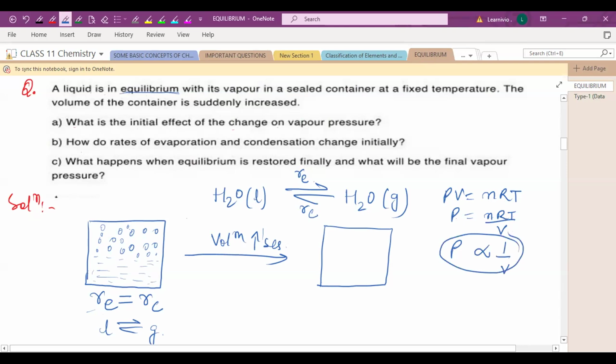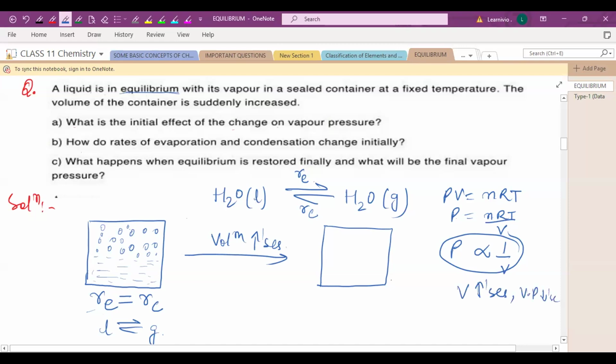If volume increases, pressure will decrease. Because the vapors are present, we talk about the vapor pressure. Because volume is increasing, the vapor pressure will decrease.